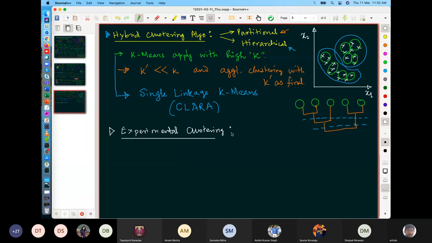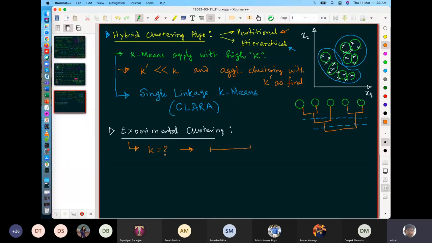So during experimental clustering, what we do first, your first bottleneck is what is the value of k. If you cannot plot the data points in 2 or 3 dimensions, you cannot plot an arbitrary number of dimensions. So with respect to domain knowledge, you just have to assume it.